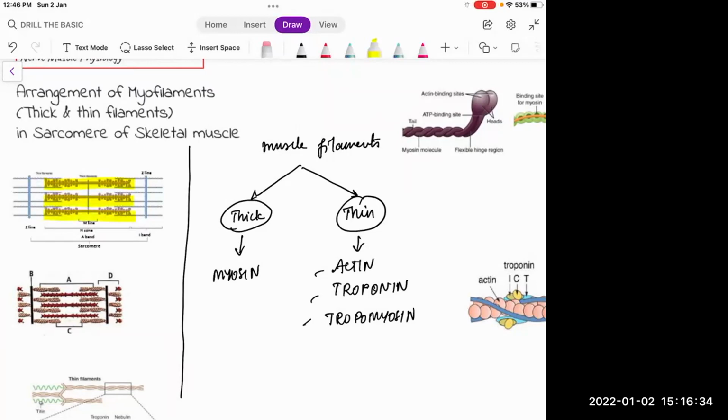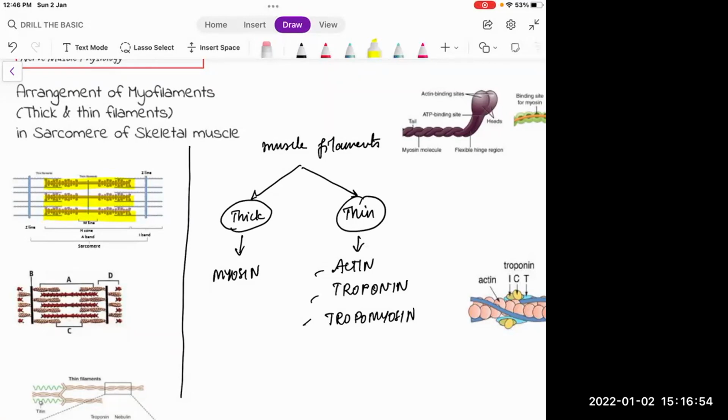These are thick filaments, and the blue colored lines are the thin filaments. Alternately, thick and thin filaments are arranged, and this arrangement gives the striated appearance in the skeletal muscles and the cardiac muscles.